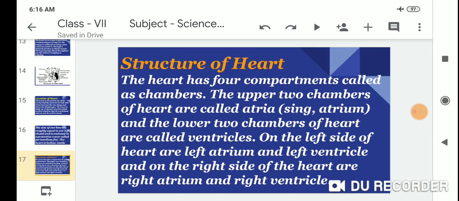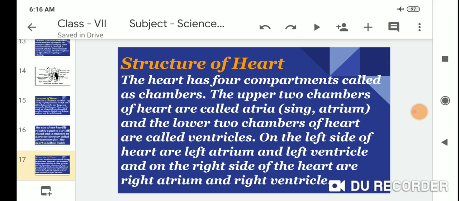The structure of the heart. The heart has four compartments called chambers. The upper two chambers of the heart are called the atria, and the lower two chambers are called the ventricles.